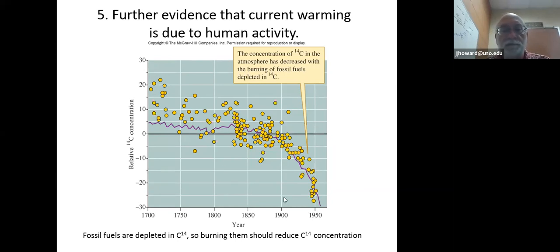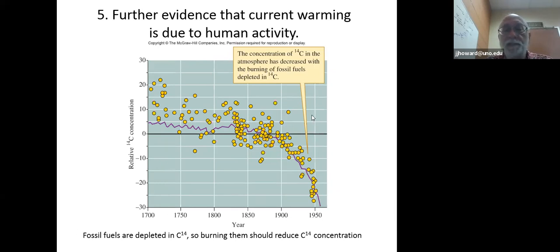Well, now notice that this started on a downhill path about the time of the Industrial Revolution. So why would C12 start to increase in the atmosphere around the Industrial Revolution? Why would it be spiking so dramatically? The carbon that is going into the atmosphere is exclusively C12.